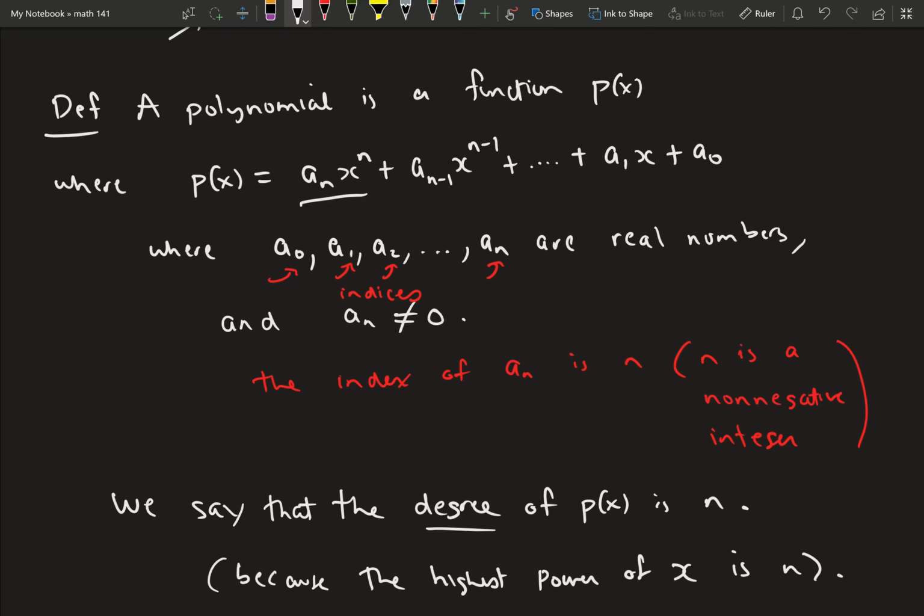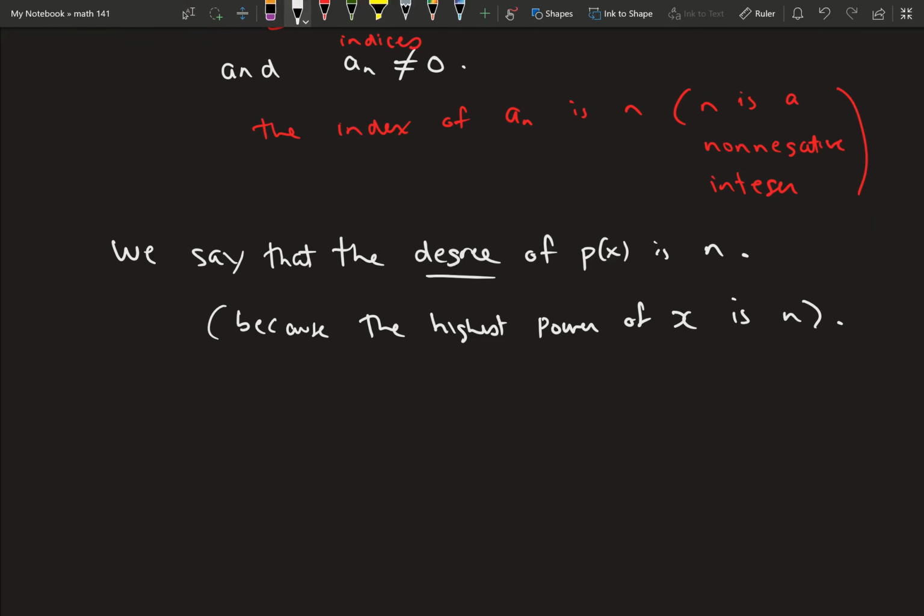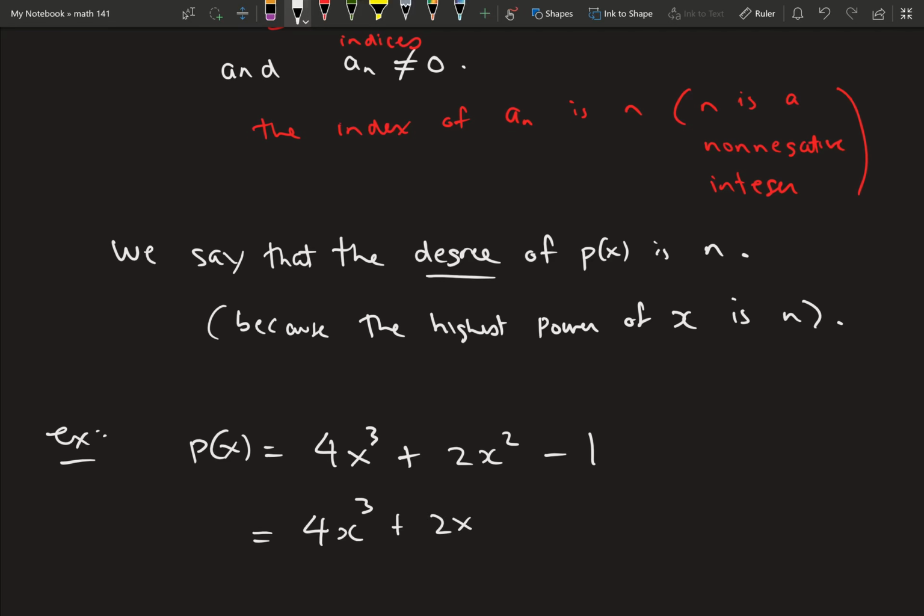Okay, so let me just give an example here. Let's say p of x is 4x cubed plus 2x squared minus 1. So what would our a sub 0, a sub 1, be? Well, first let me just rewrite this as 4x cubed plus 2x squared plus 0x.